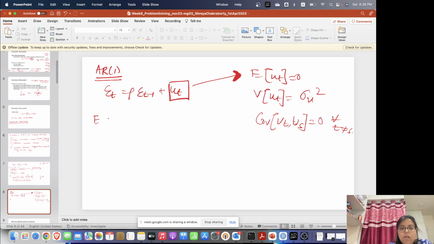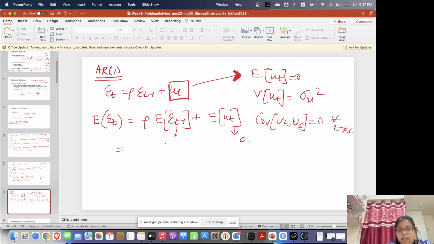Now if I write this, the expectation of epsilon t equals rho times the expectation of epsilon t minus 1 plus the expectation of ut. This part will be 0.